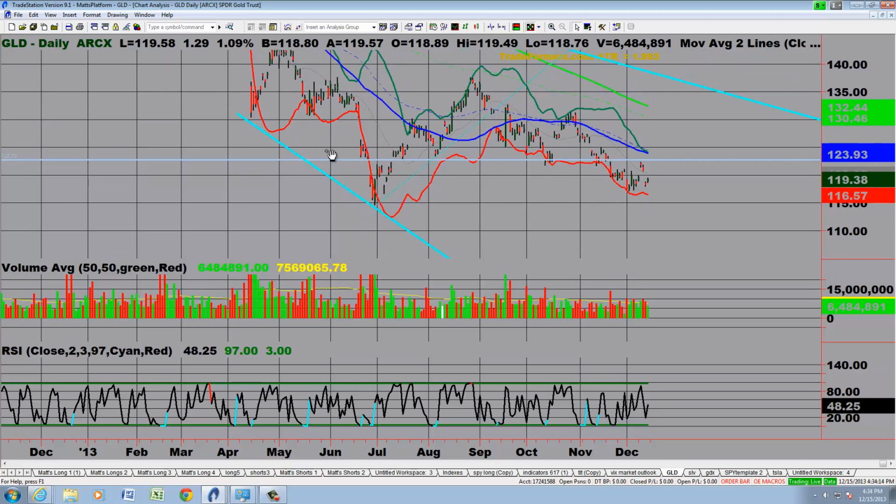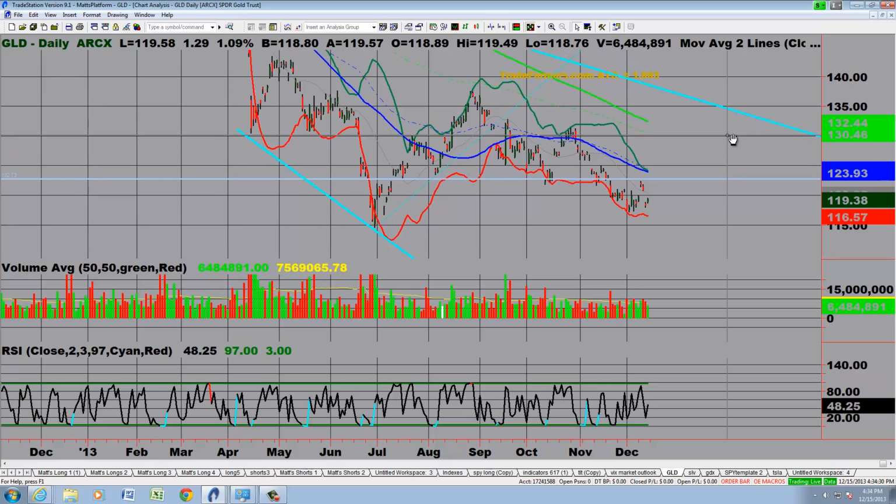You can take a look at this and say shoulder, head, shoulder, neckline, and you're talking about a drop of somewhere, if you take the count from the neckline to the top of the head right here, 135 and 122, you're talking about a $13 to $15 move, depending on how you want to draw in your neckline.